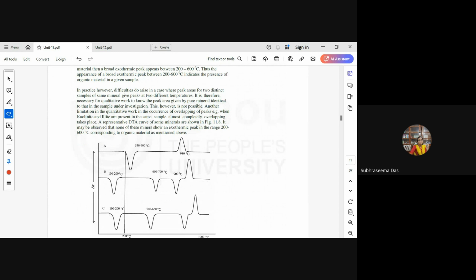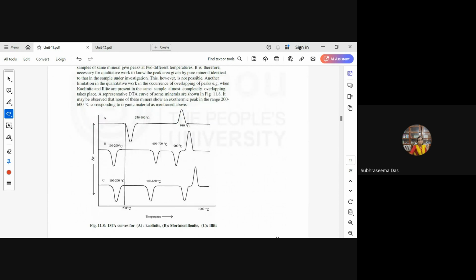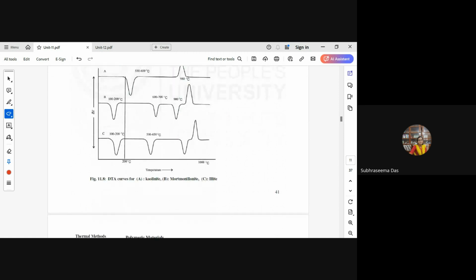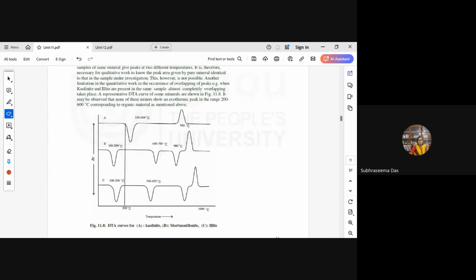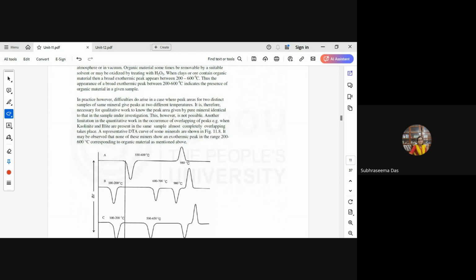From the peaks shown in 11.8, we can find that none of these minerals show an exothermic peak corresponding to organic matter mentioned above. In figures B and C, all the temperatures are the same, so it is quite difficult to measure the exact Tg, that is the glass transition temperature, for all these samples.